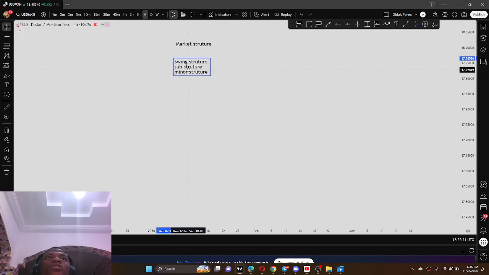Guys, these are the three structures that we have, and how does it really work in this market, and how do we bring them all together to make up a trade?